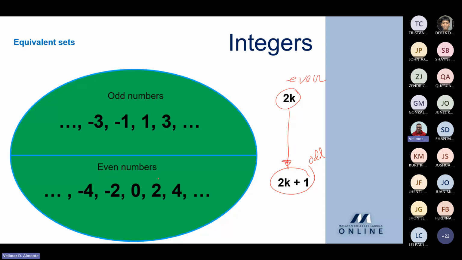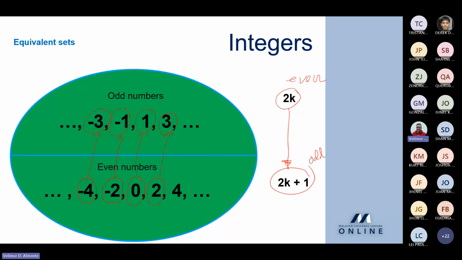So for example, 2, that's 2k plus 1, that is mapped to 3. Another example, 0, even, plus 1, 2k plus 1, 0 is mapped to 1. Negative 2, even, plus 1, negative 1 in the odd numbers. Now you can do that every time because you know the formula for even is 2k, add 1, odd.